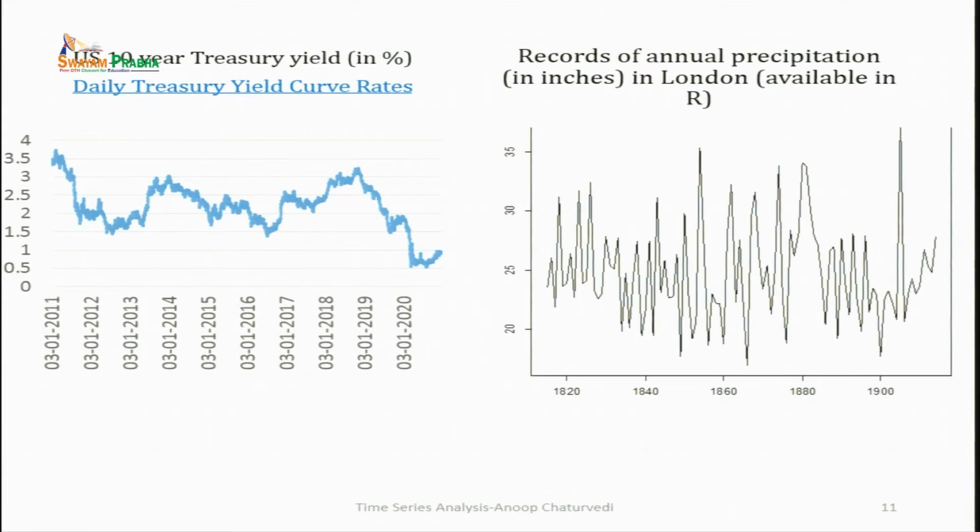This first graph shows the US 10-year treasury yield in percentage. In this graph, you observe some kind of decreasing trend. Of course, this is just 10 years data. So, on the basis of 10 years data, you cannot say for sure that in the long term it has a decreasing trend, but at least for this 10 years data set, the time series is showing a decreasing trend.